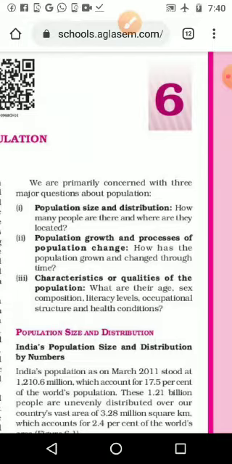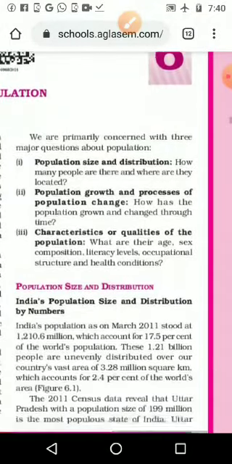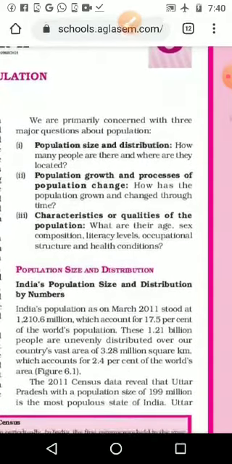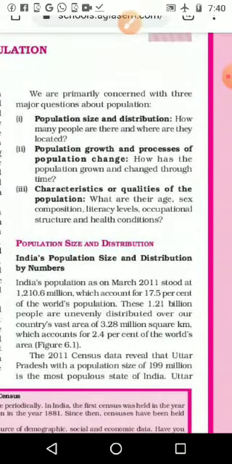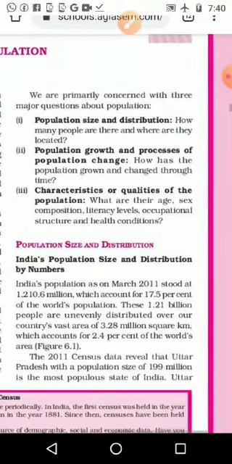So the first question is population size and distribution. How many people are there, and where are they located? We know from studying history from 6th standard that people lived on the banks of rivers, or where water is available. In the drainage chapter also we have seen that. And what is the size of the population?